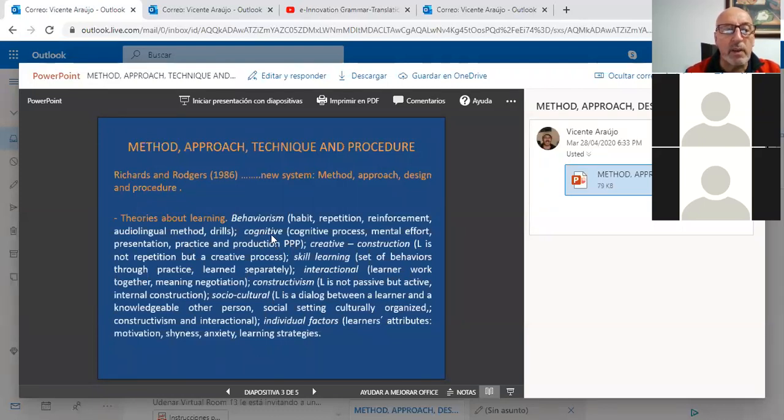The cognitive theory states that you learn by means of presentation of something, practice of something, and production. And that's the way it occurs in language learning. That's the way that you should learn, or teachers should teach a language. Presentation first, practice, and finally production.